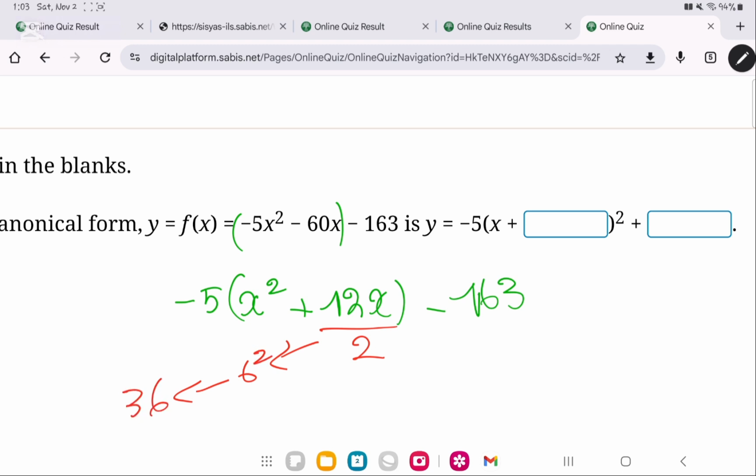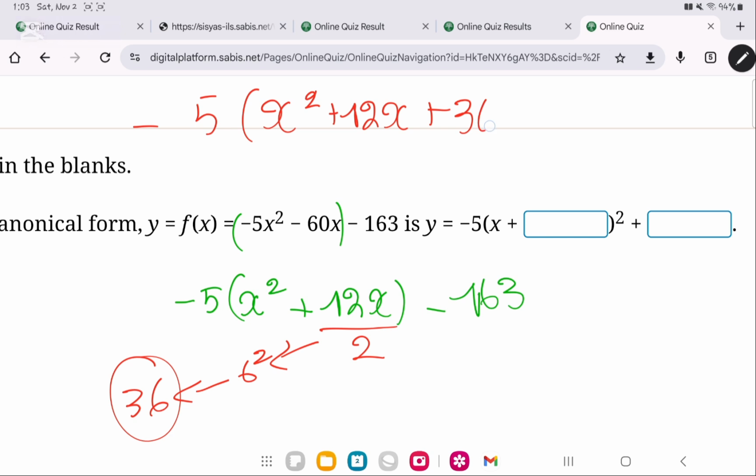So we said we're gonna take minus 5, then inside of the bracket we are gonna add the square, so plus 36. Then outside of the bracket we are gonna subtract the square, so 36, but we have to multiply it by minus 5.